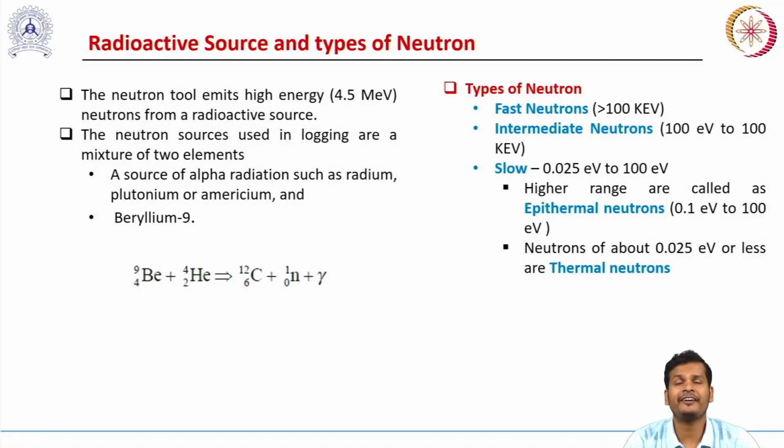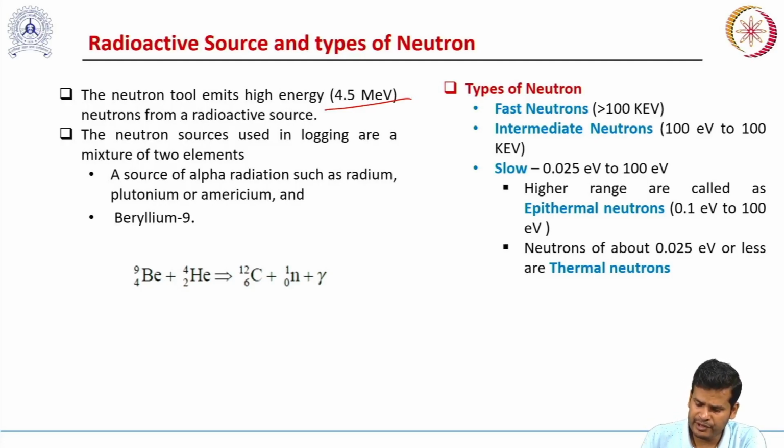Now let us discuss the different types of neutron sources which we use in the neutron logging tool. In the density logging tool, we were bombarding the formation with gamma rays. Here in the neutron logging tool, we will be bombarding the formation with neutrons. The tool emits high energy neutrons with an energy level around 4.5 mega electron volt.